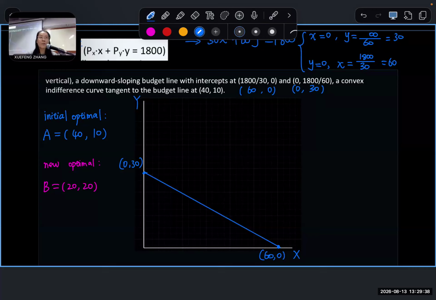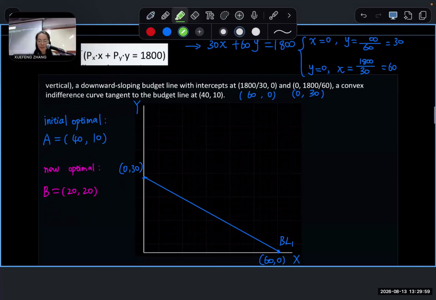Is this our budget line? In the exam, if you just draw a line without labeling, you will not get the full mark. Okay? So this is our budget line. Let's see, this is BL1.